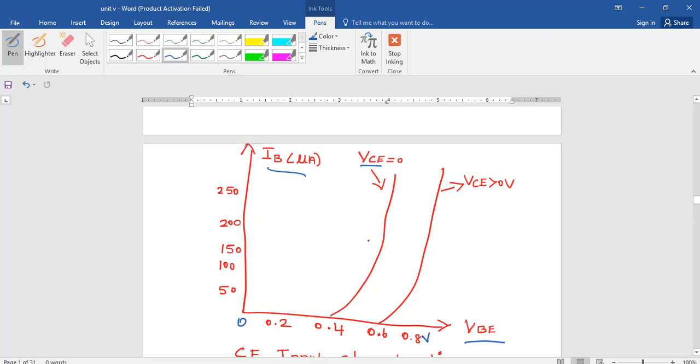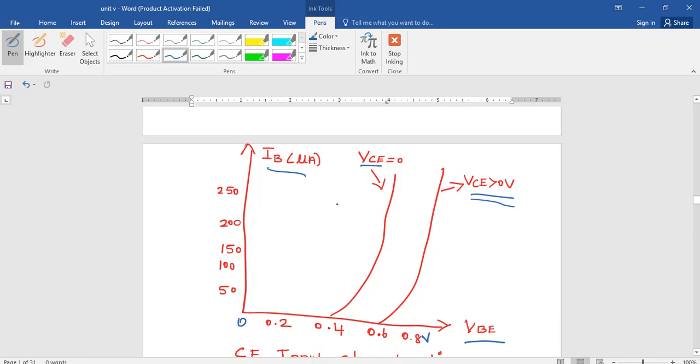Then corresponding IB is noted. Then VCE is set to a value which is greater than 0. Then again VBE is varied from 0 to 0.8 volt. For that input corresponding IB is noted down. This is your input characteristics.